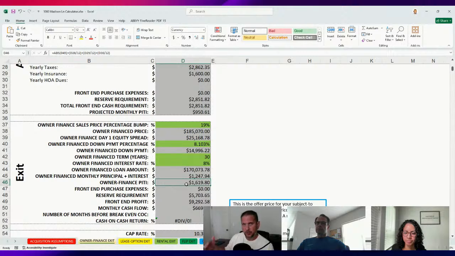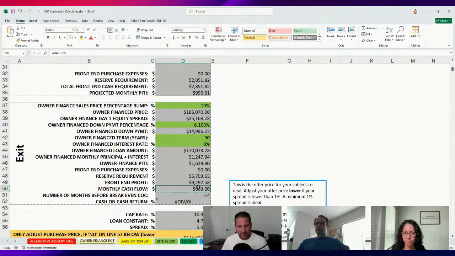So that is on the lower end of what they would be paying otherwise in rent. That's an incentive for them. And if you drop down just a little bit further, you can see our monthly cash flow is certainly going to meet my requirement of $400 per month. So they've got a decent rate.